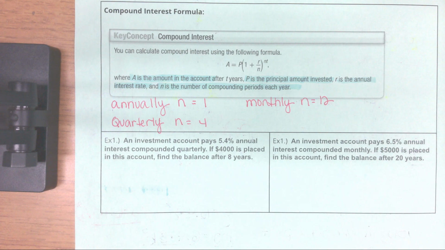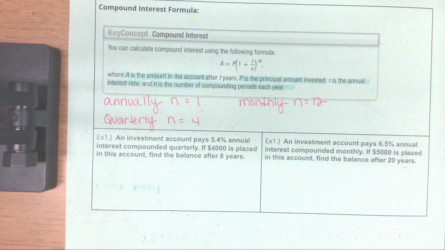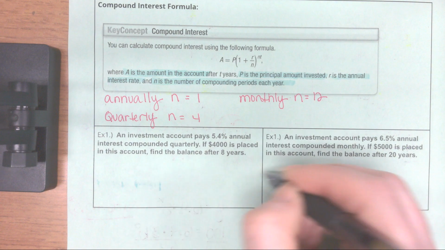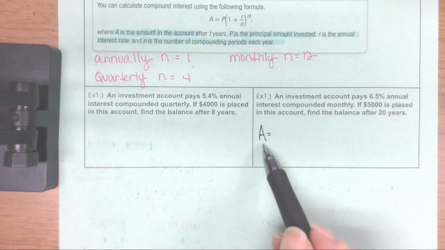Let's do this one. We're going to just set it up and put it in our calculator. And that's the biggest thing here, guys, is just knowing how to put it in your calculator correctly. So, first of all, can somebody pick out for me what is the initial amount? So I'm going to find the amount in the account, but I want to know the principal.